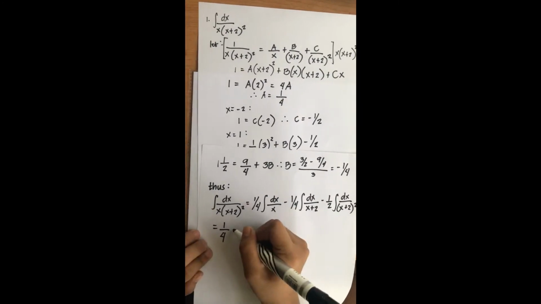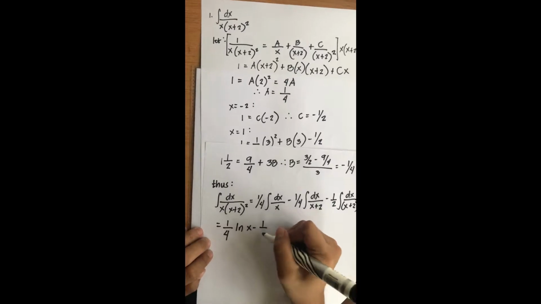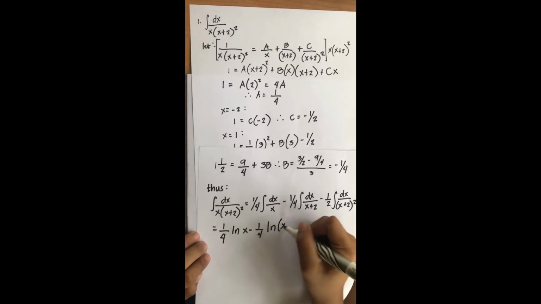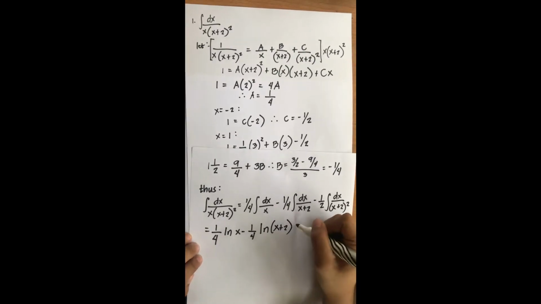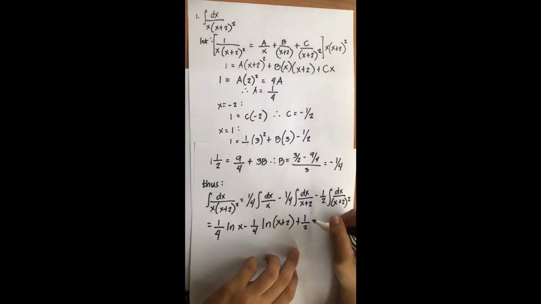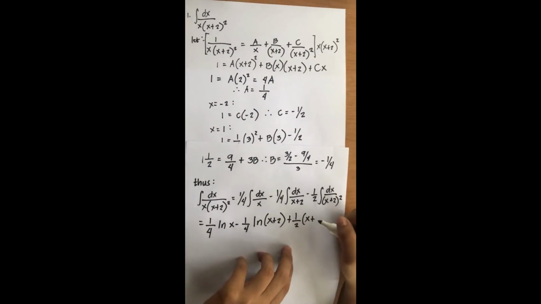That gives one-fourth ln x minus 1/4 ln x plus 2 plus 1/2 times x plus 2 raised to negative 1 plus c, and that is our final answer for problem number 1.